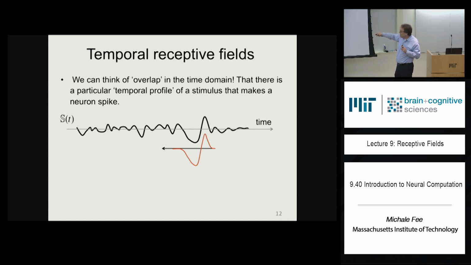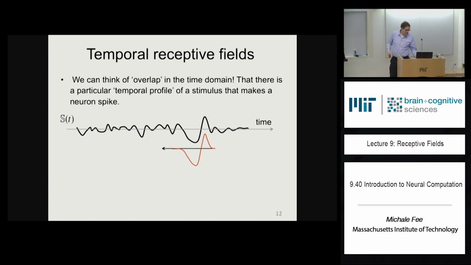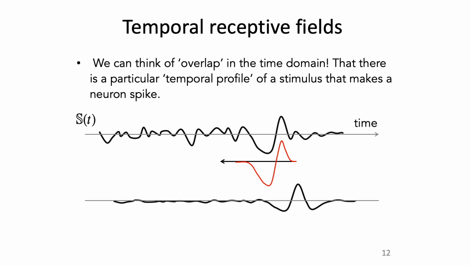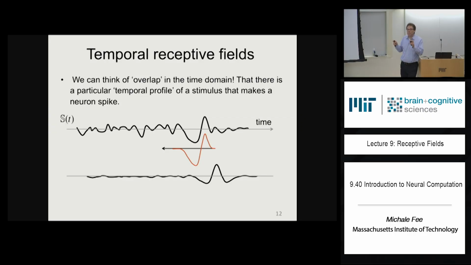Positive overlaps with positive, that product is positive. And so when you integrate over time, you get a peak. Okay, does that make sense? This is what I'm plotting here, the product of these two functions at each different time step as I slide this temporal receptive field over the stimulus. Does that make sense?